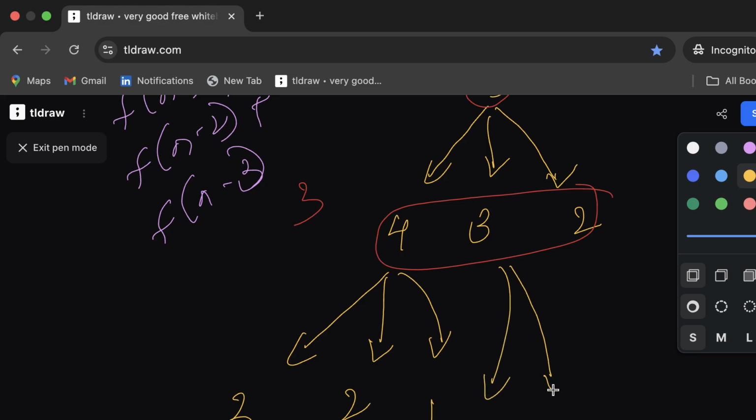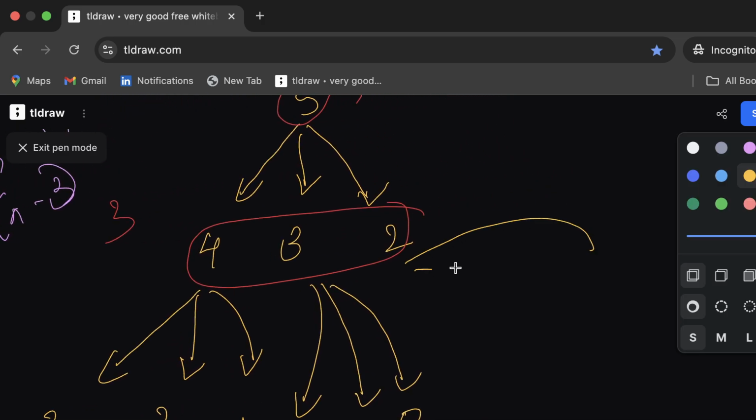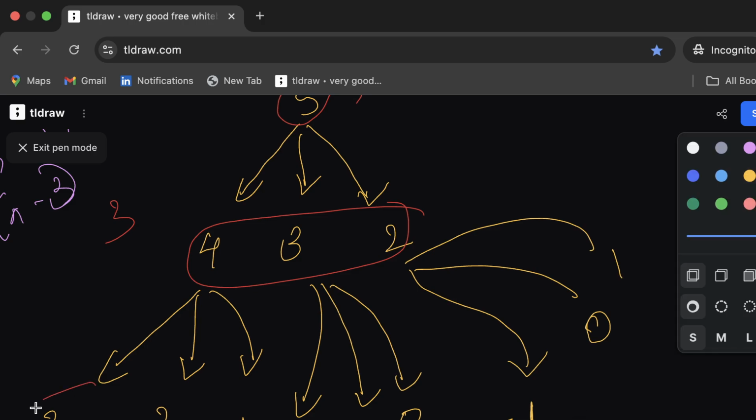So this is going to be again 2, 1, 0. Base has been reached. Again for 2, I need the previous 3, right? This is going to be minus 1, 0 and 1, right? So now at this level, if you compare from the previous level, how many nodes are we having? 1, 2, 3, 4, 5, 6, 7, 8.